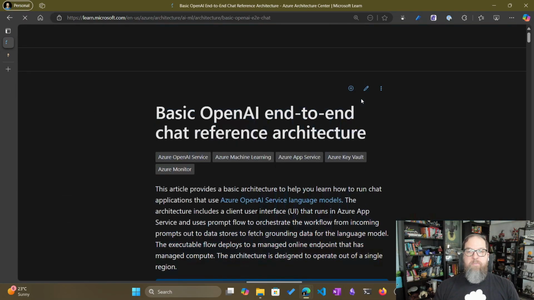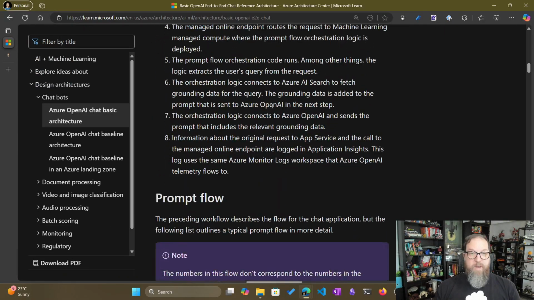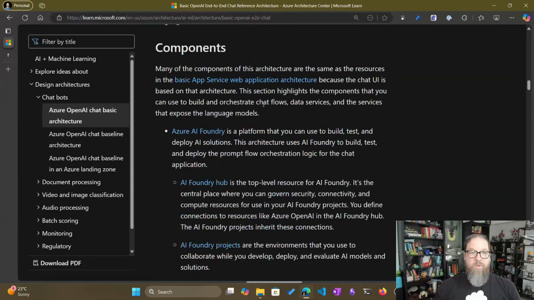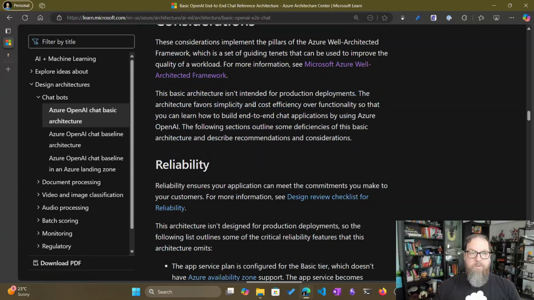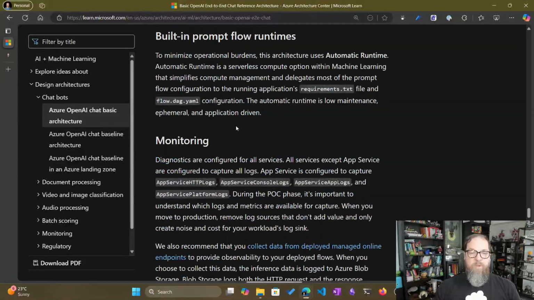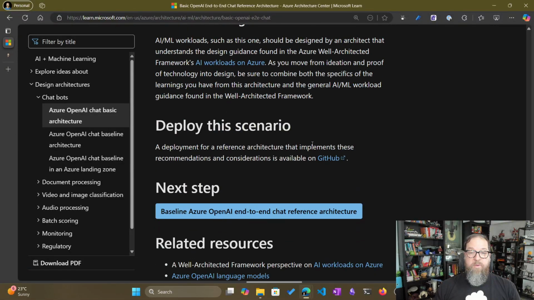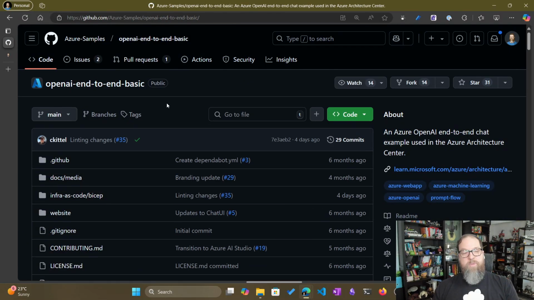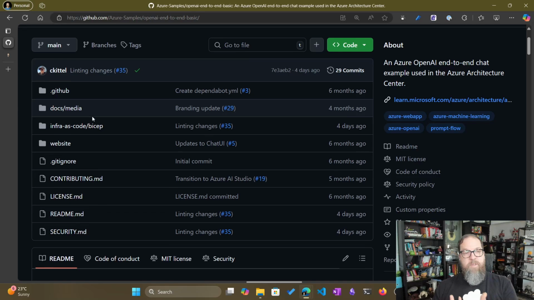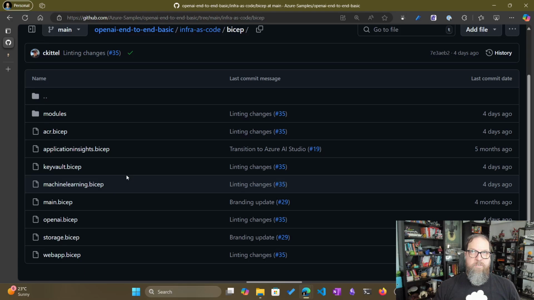Maybe we have a basic OpenAI chat architecture. And so there's not only diagrams and workflows, usually you will see down towards the bottom a repository where you can deploy the scenario. So not only is there a diagram, here's the bicep to build and deploy that solution.